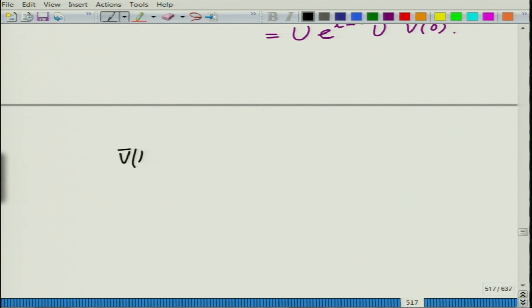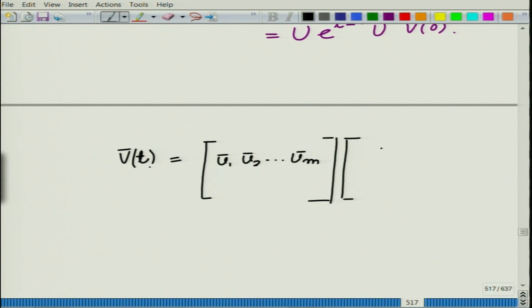Now if I expand this, I can write v bar t equals U, which is the matrix of right eigenvectors, but we will simply call these eigenvectors. Wherever we need, we will explicitly mention only the left eigenvector.